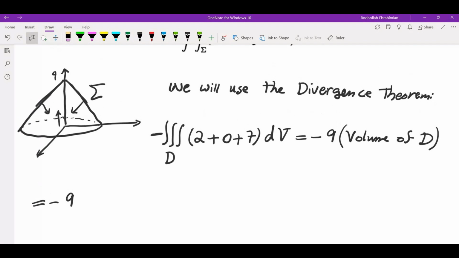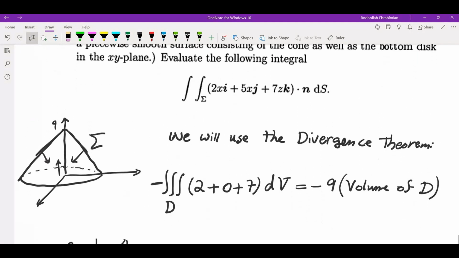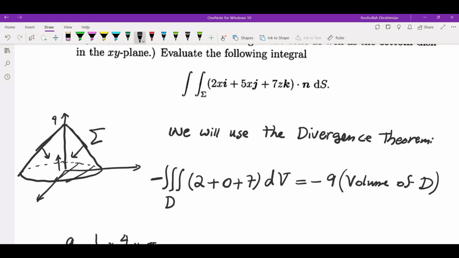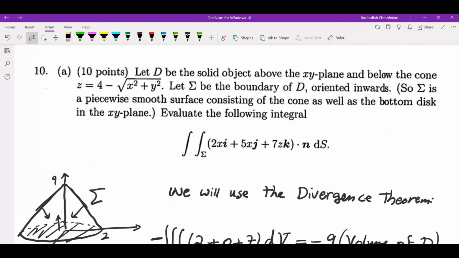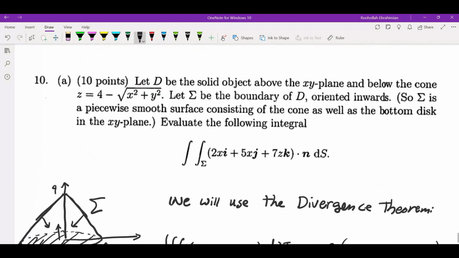This is a cone, so the volume is 1/3 times height. Height is 4 times pi, and then the radius squared, the area of the base. Well, the base is a disk, and the radius is in fact 4 because it's root x squared plus y squared equals 4.